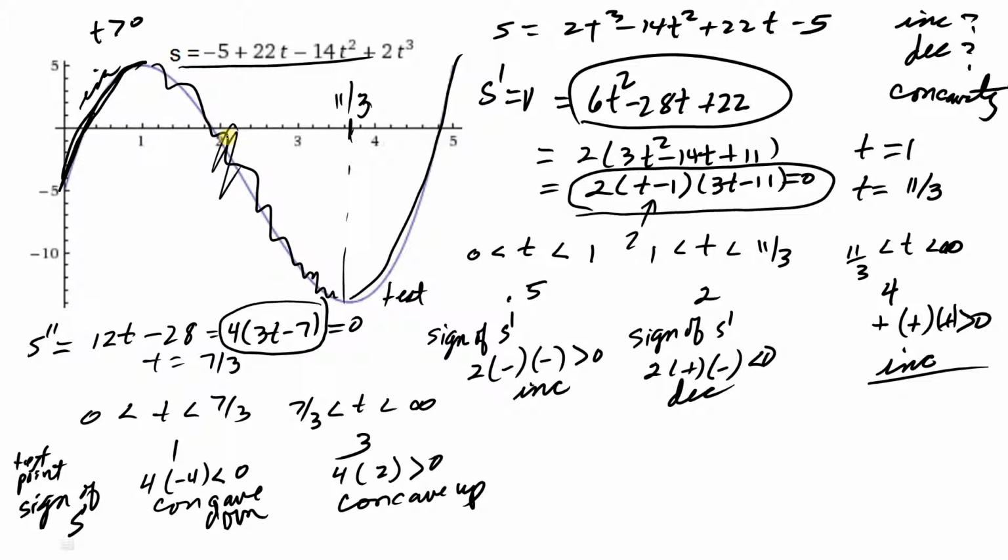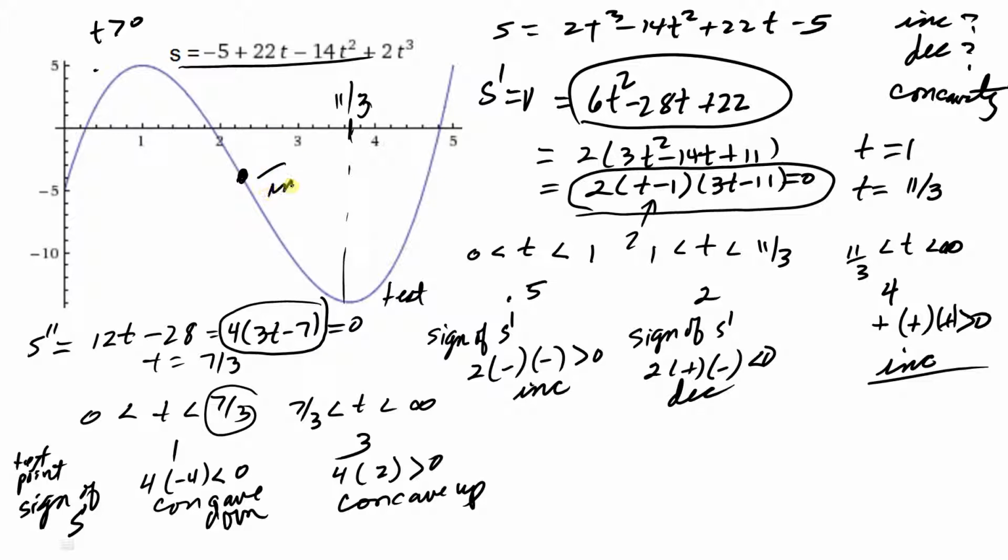So as you can see from the graph, let me erase a little bit here. We see at t equals 7 thirds, which is about 2 1/3, which would be about right here, is an inflection point.